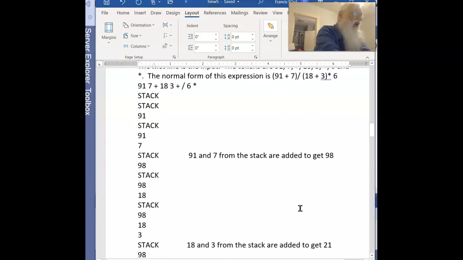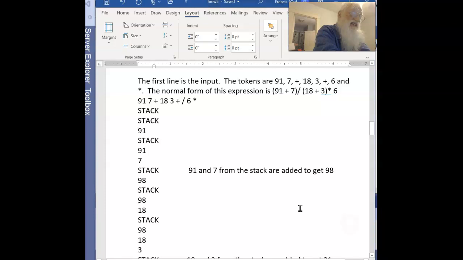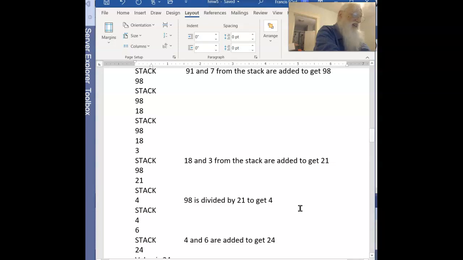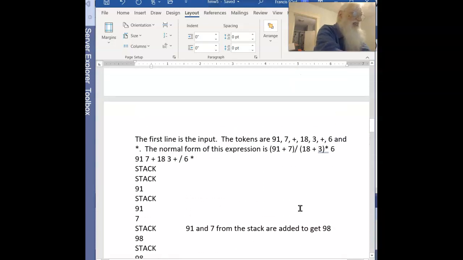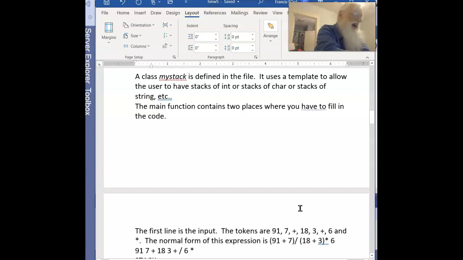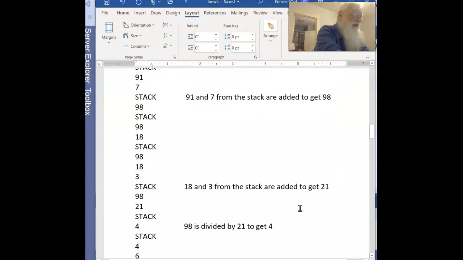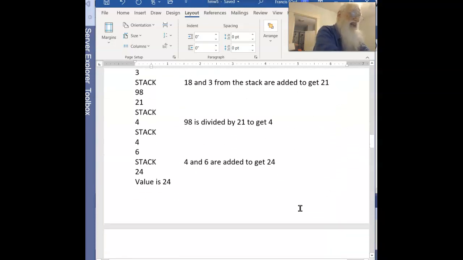Now I have a 4, and the next token is a 6. So I have the 4 and the 6. They're multiplied together, and I get 24. The next token will come back as end, E. You'll end the while loop, and then you'll print out the value that is in the stack.